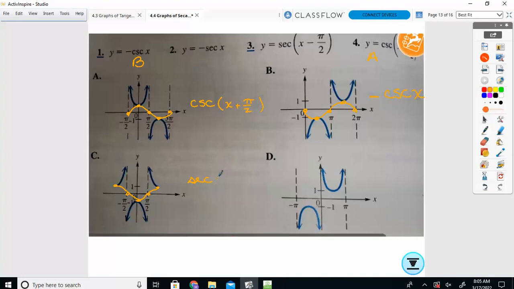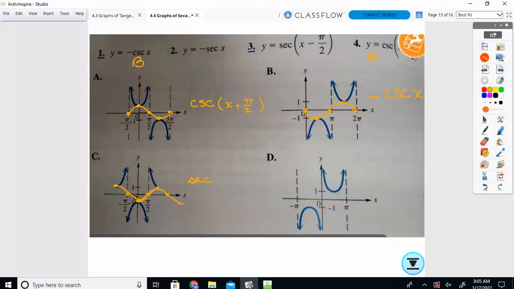Okay. Here's the deal. There's actually a couple different functions that we could write for this. But keep in mind, this pattern would continue, right? So they gave us this snippet, but we know it would come back down and go back down like this. If you just looked at this portion, doesn't that look kind of like the normal cosine graph?